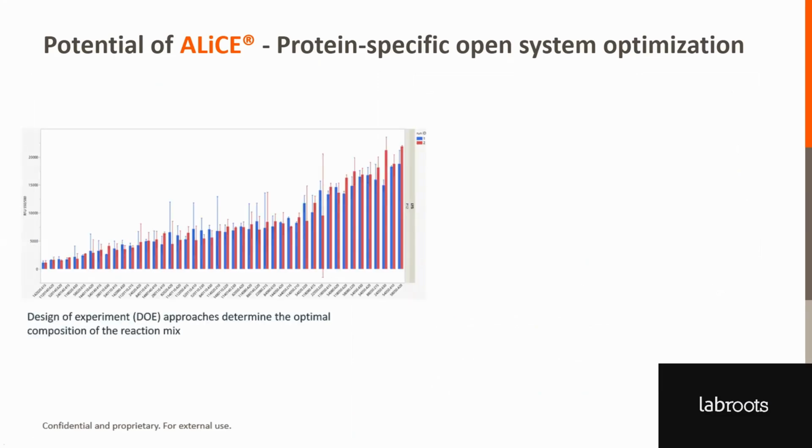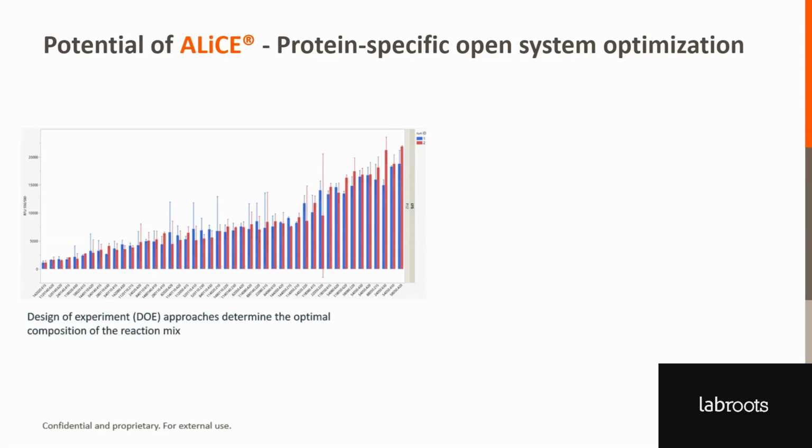The one specific example I would show here is from some of our design of experiment approaches. When producing our ALiCE product, we also add the small molecule reaction mix, these salts and nucleotide helpers that allow the reaction to work.